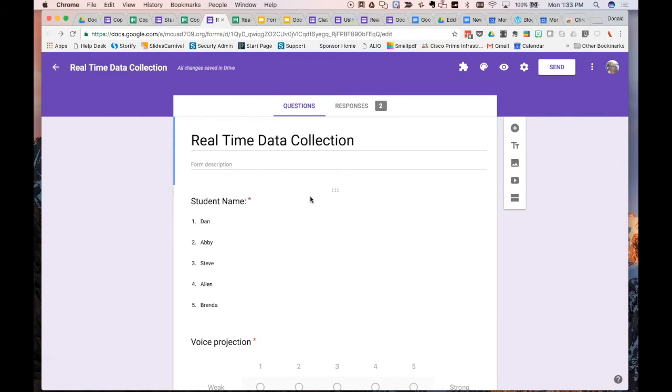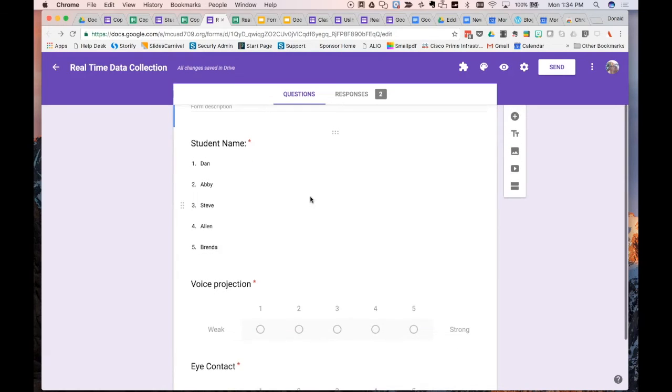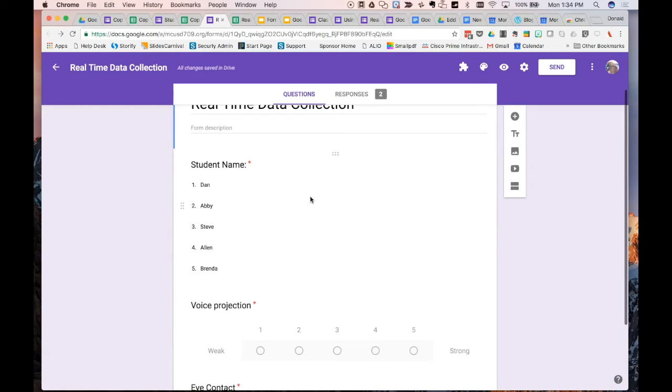Again, it's still real-time data collection, but it might be something that teachers who maybe are in the upper elementary grades or junior high or high school might say, okay, now I see how I can use it. And in this case, I'm going to do something like a student who's giving a presentation.